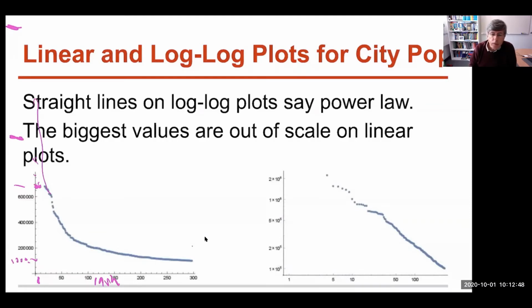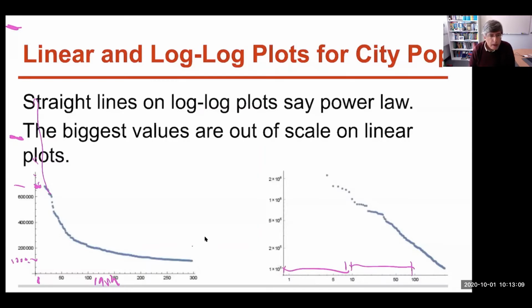Now, what happens on the other hand if you plot it on a log-log scale? If you take this situation, and this is a log scale, notice that the distance from 1 to 10 is equal to the distance from 10 to 100. That's what it means to be on a log scale.